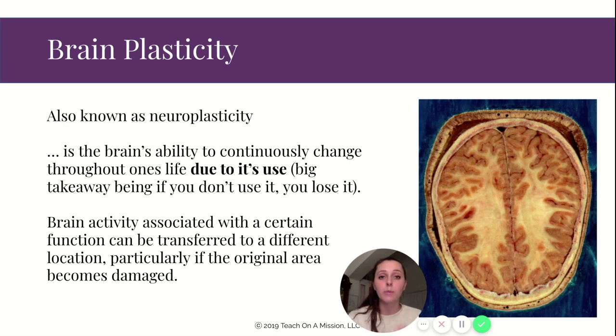Well, that's not in use anymore because he doesn't have that hand. So the brain actually took over that part on the sensory cortex and allowed for more sensation on his face. So your brain tries to kind of heal itself and adapt if there's damage or neural networks that you don't use anymore. So this is really cool. It's really awesome that your brain is able to do this.